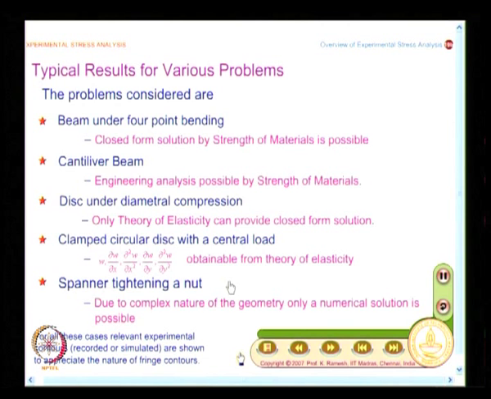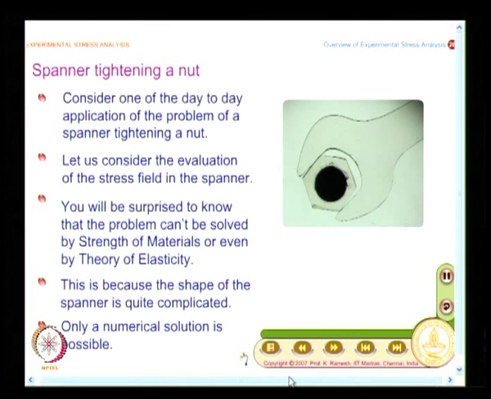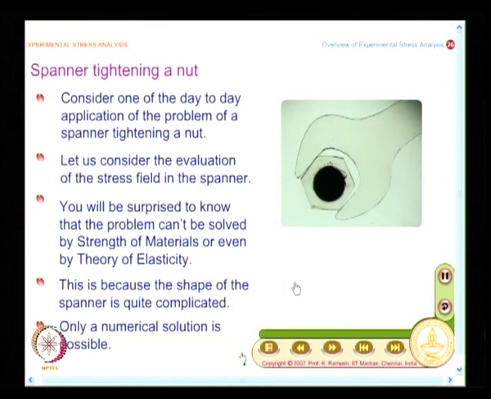We have already looked at the day to day application of the problem, and surprisingly you do not have solution from strength of materials or even by theory of elasticity.